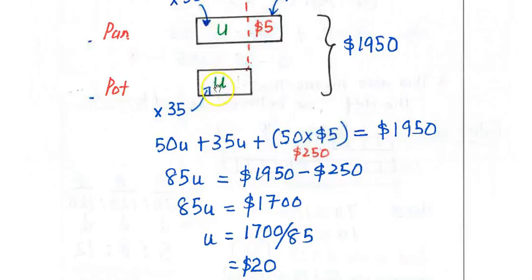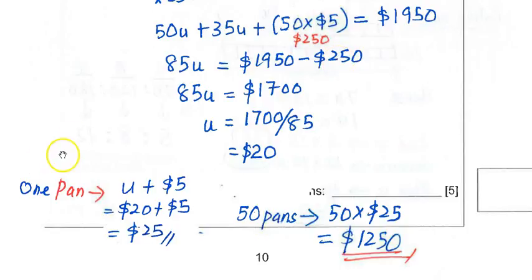So this 20 here times 35 plus this 20 here times 50 plus this amount 5 times 50, all these you times properly, you will get 1950. So you see, one pan is U plus 5, which is 20 plus 5. See, 20 plus 5 is 25.